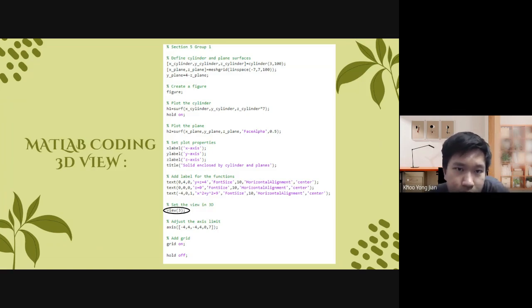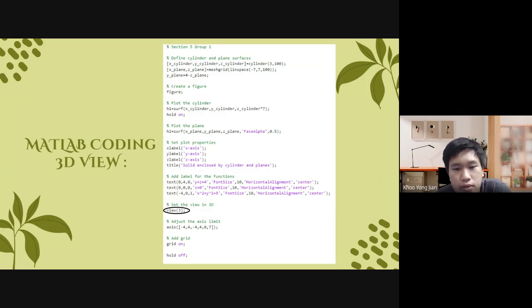And above, the meshgrid linspace I set to -7 to 7, because the plane has to enclose the cylinder, but the top level of the cylinder is 7, so I changed the meshgrid linspace to -7 to 7 so it can enclose the whole plane. The coding is exactly the same as the 2D coding. And then next is the 3D graph.